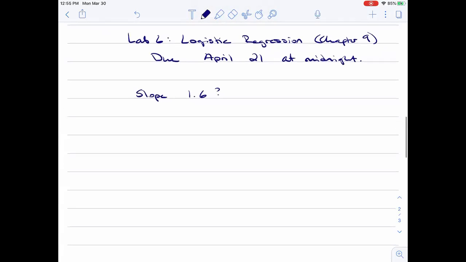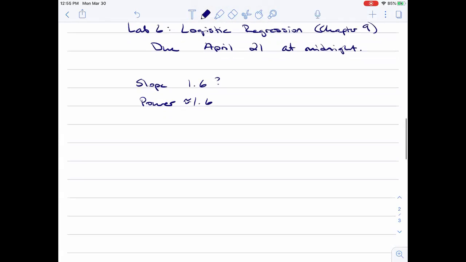No, after the calculation and the power. Oh, so the power is roughly 1.6. Yes. Okay, so then I could leave it as is, or I could punch it up to a square, right? So leave it at 1 or square it.